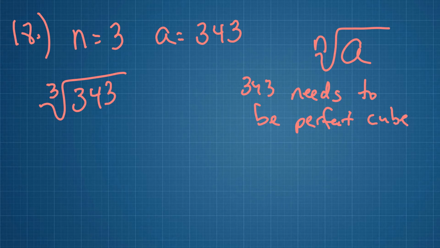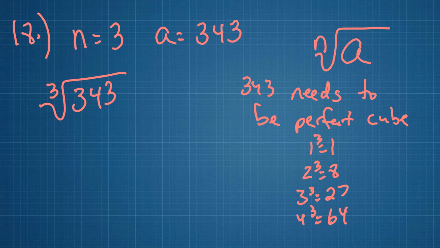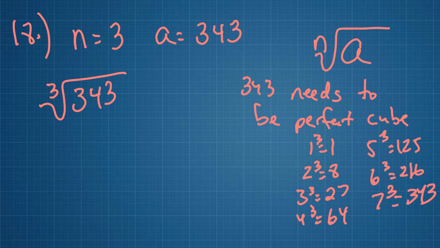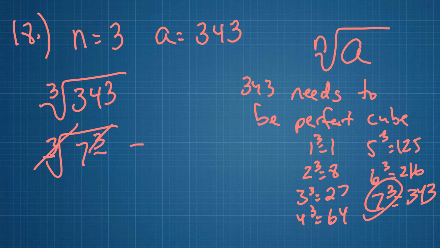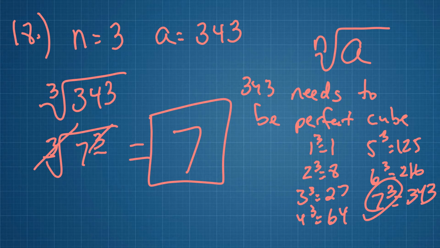So I start with my cubes. 1 cubed is 1, 2 cubed is 8, 3 cubed is 27, 4 cubed is 64. 5 cubed is 125, 6 cubed is 216, 7 cubed is 343. So wherever I see 343, I'm going to write 7 cubed. So I say the cube root of 7 cubed. Now my little 3's match, so they cancel. My final answer is just 7.